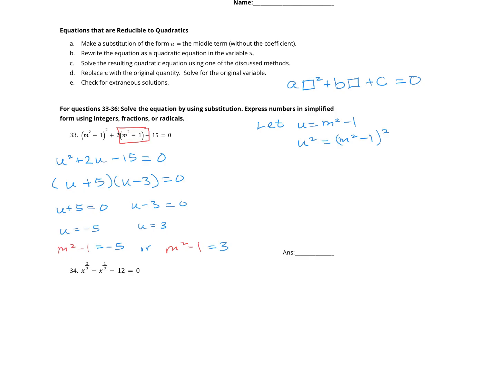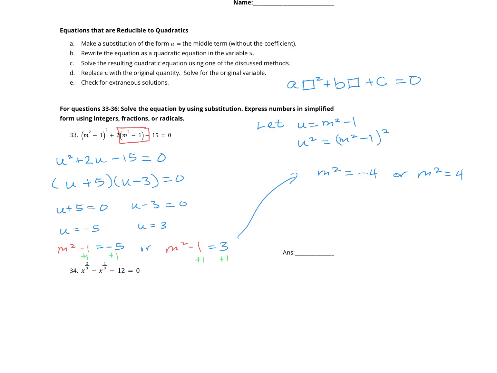And then we can solve both of these little equations. I can add 1 to both sides. The first one becomes m squared is negative 4. The other one, when I add 1 to both sides, I end up with m squared is equal to positive 4.